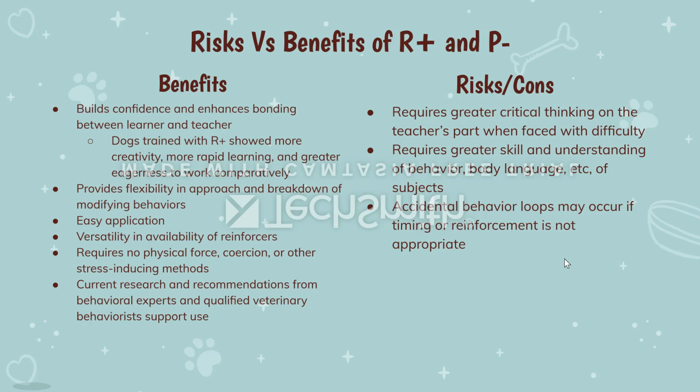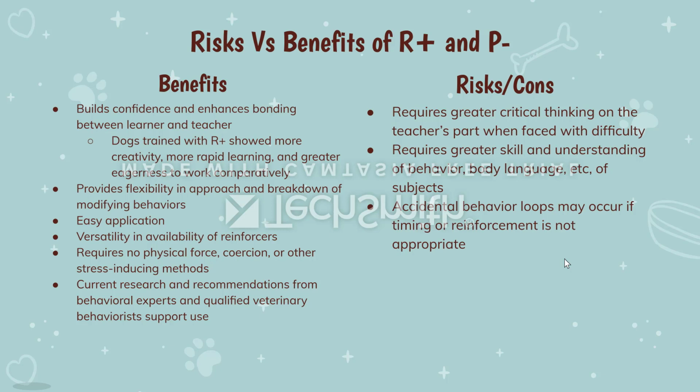What do I need to change to set the subject up for success? And these are easy to apply as long as you have good critical thinking skills, as far as breaking down the behaviors. And it's so easy to be able to reinforce desired behaviors as well.